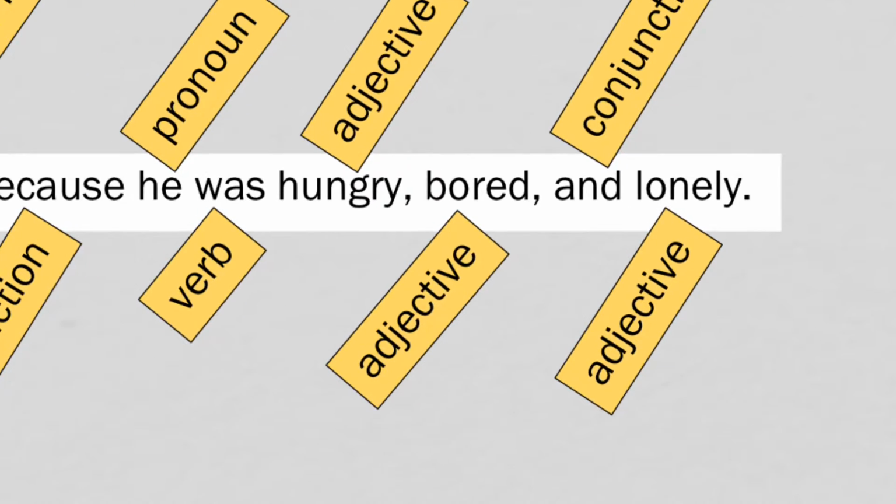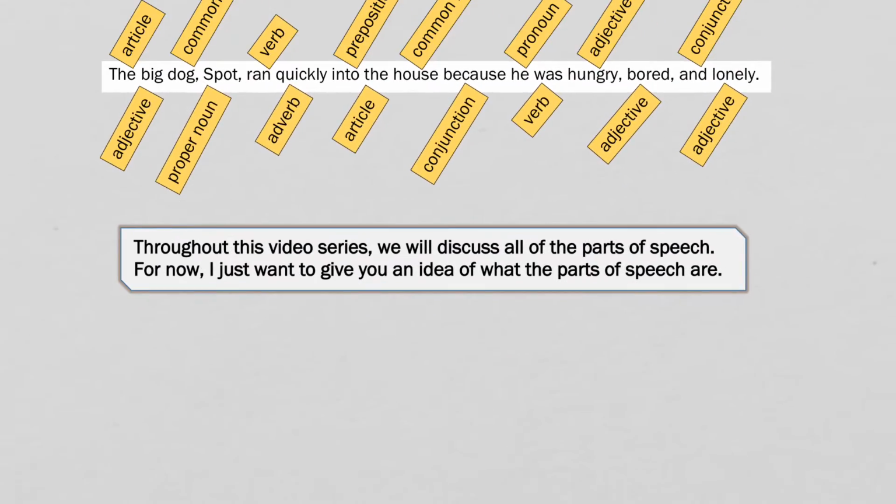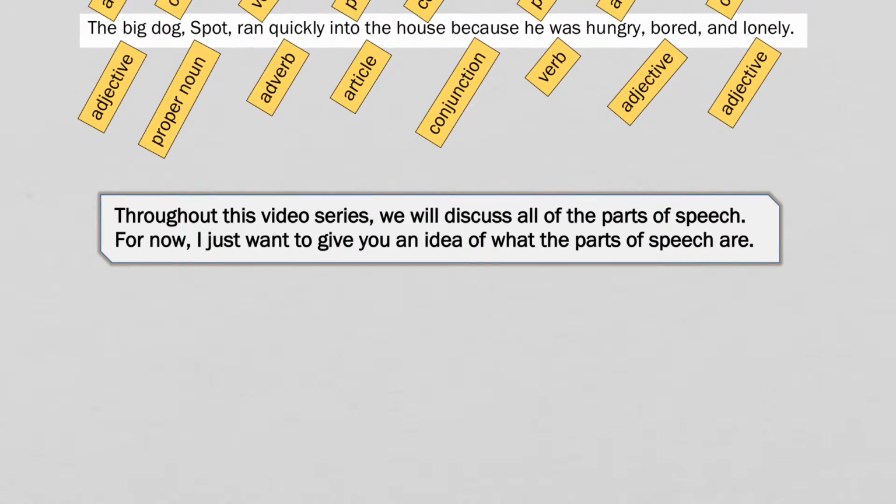So we need that conjunction to have a full sentence there. Alright, so just so that you know, if you're still confused after the lesson here, throughout this video series we will discuss all of the parts of speech, right? I just wanted to give you at first glance a really quick glance about what they all look like.